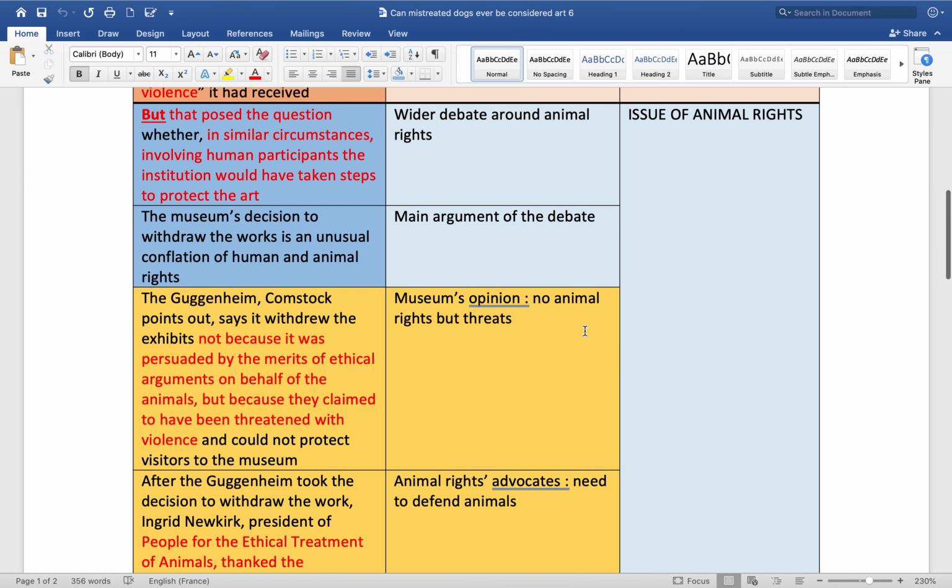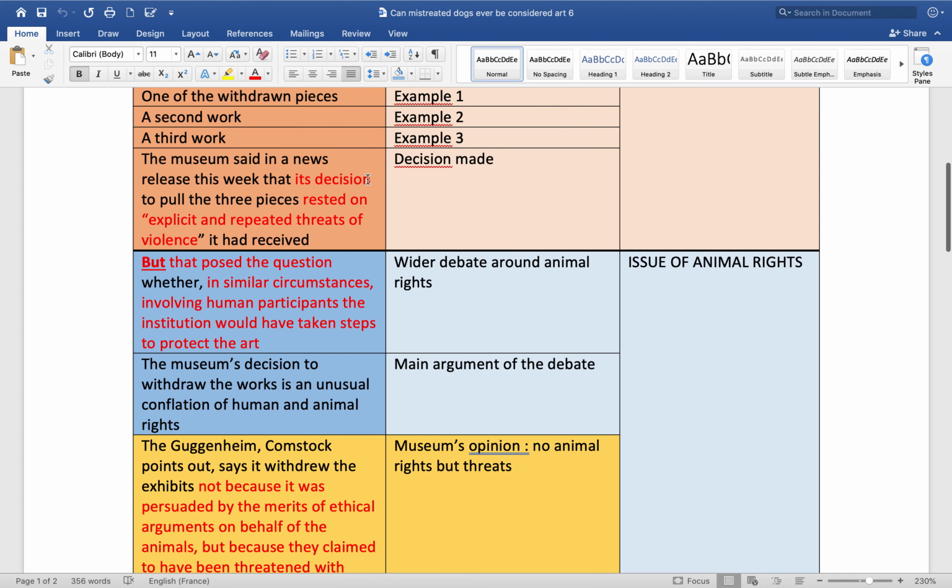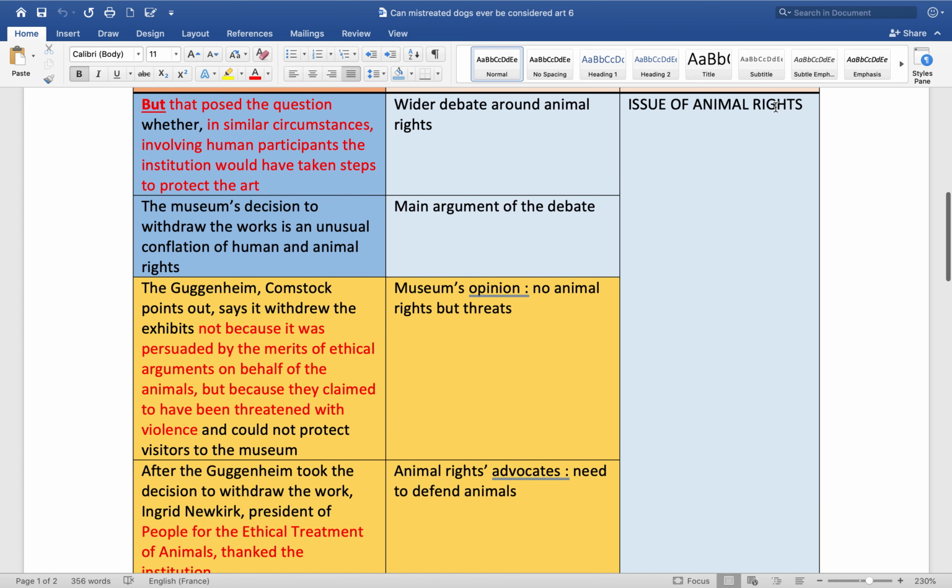Moving on to the second, if I consider that the second part in blue is about the issue of animal rights, this seems to be a bit out of place, because this is about the opinions regarding the decision that was made here. And this is not so much about animal rights, it's just different opinions on the decision that was made. So I thought, I'm not sure these two paragraphs really fit into this part. So I colored them differently.